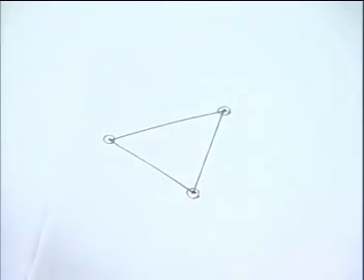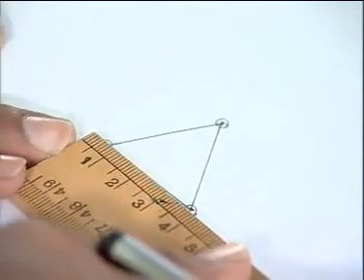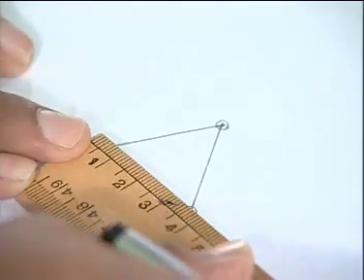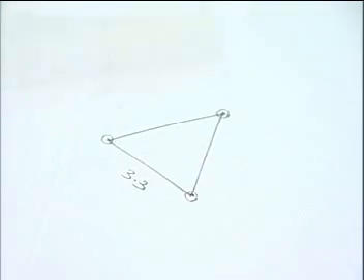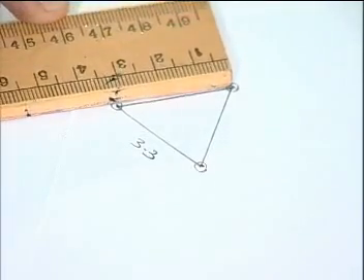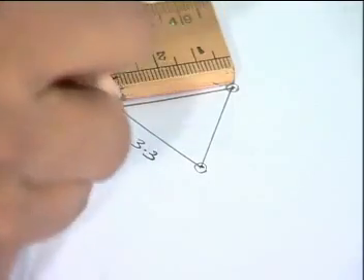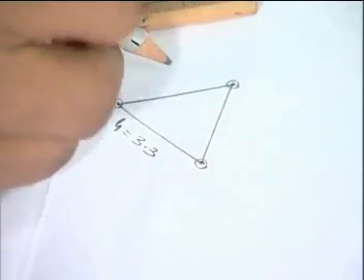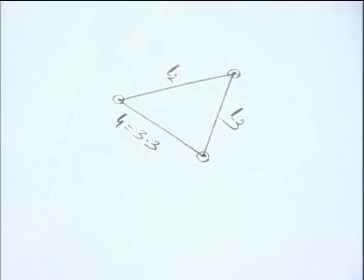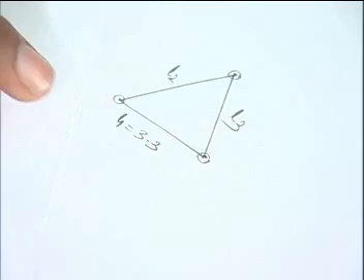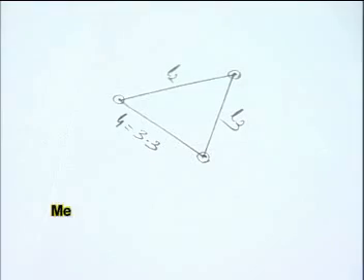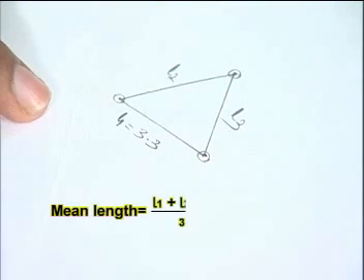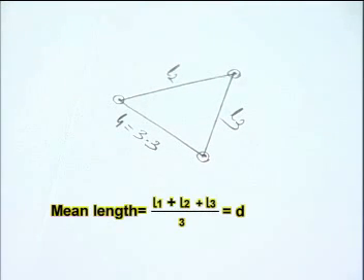Then measure these lengths with the help of a scale and name them L1, L2 and L3. Find the mean length between the two legs of the spherometer. The mean length is calculated as L1 plus L2 plus L3 divided by 3.